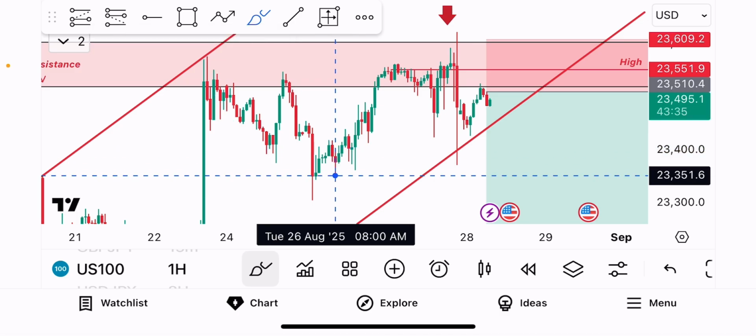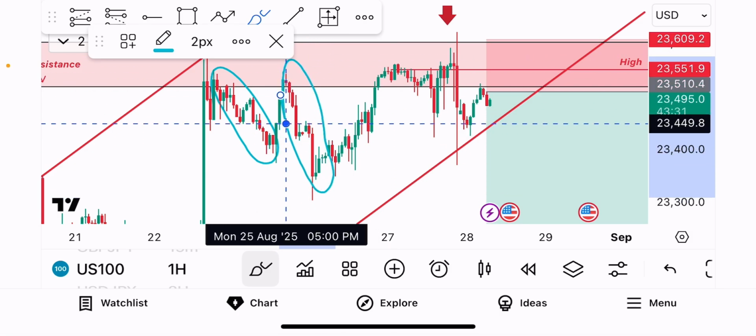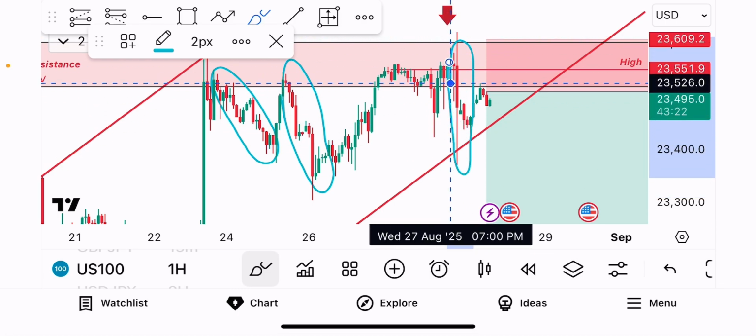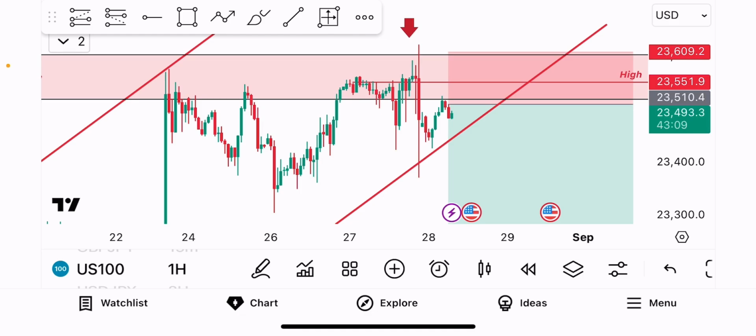As we can see, it tried the first time, it pushed down the second time, and just before market closed yesterday, we saw another strong push. So all of these things are reactions and signals indicating that there could be a possible sell from that zone.